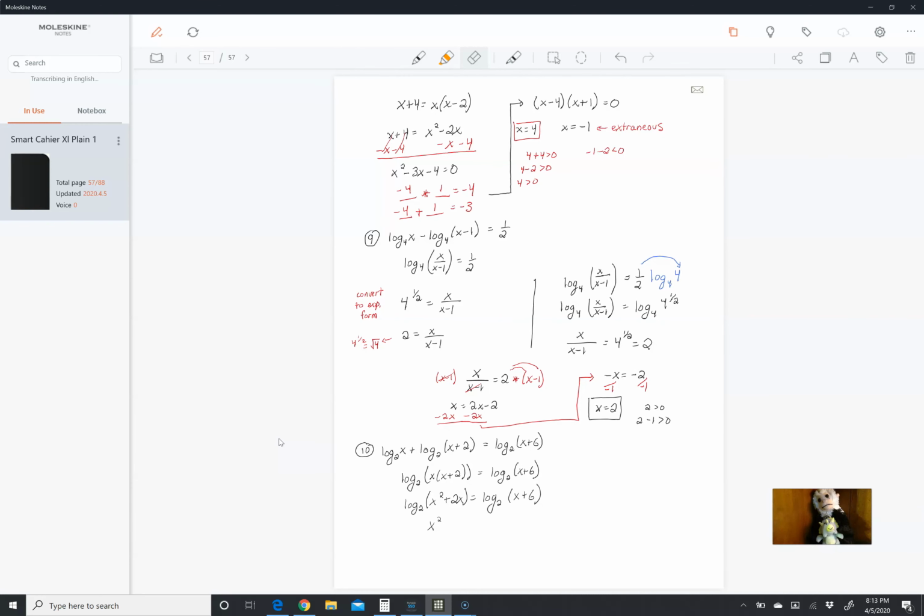So once we do that, we can set the arguments equal to each other. Notice the steps are the same always. This looks quadratic, so we're going to move everything over so that it's equal to 0. So we subtract x and subtract 6 from both sides. Which gives us x squared plus x minus 6.